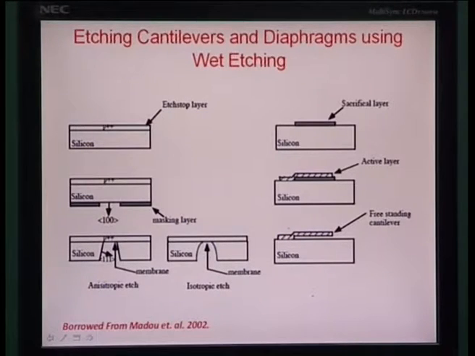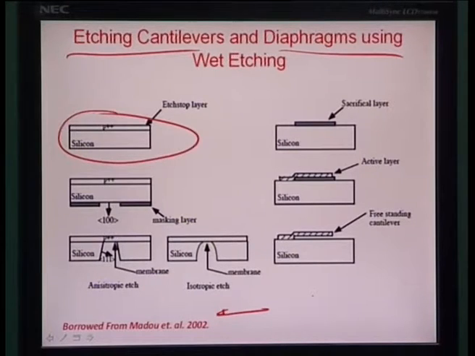This slide illustrates how you can etch cantilevers and diaphragms using wet etching techniques. I think I have illustrated this before, but I would like to go through it once more. Let us say you have a P++ etch stop layer on top of silicon, and you open a small window in a sacrificial masking layer, shown in black here.